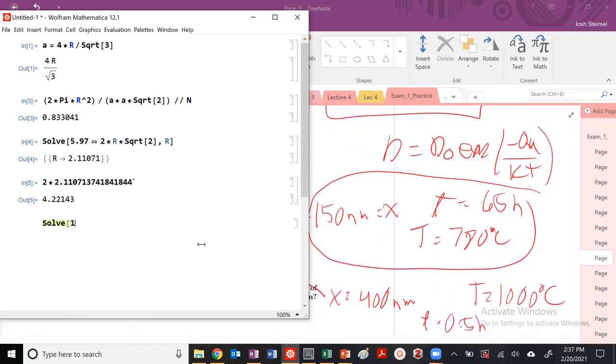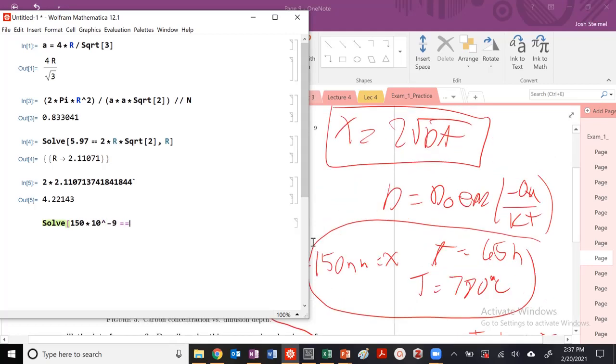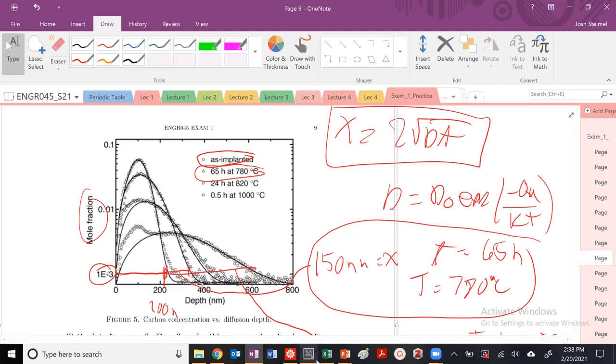Our x, which was equal to 150 nanometers, so times 10 to the minus 9, set equal to 2 times square root of D1 times t, and our time here is going to be 65 hours. So that's quite a while.